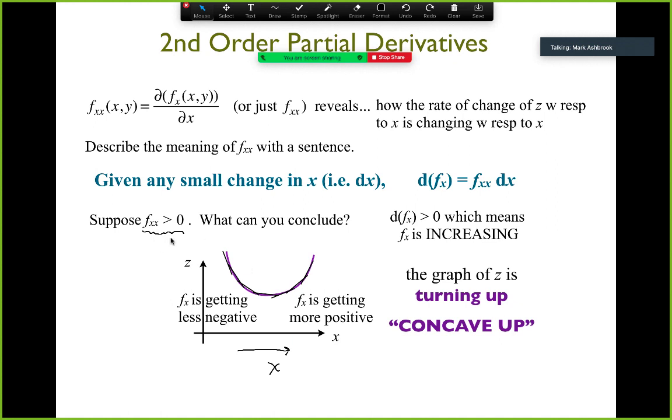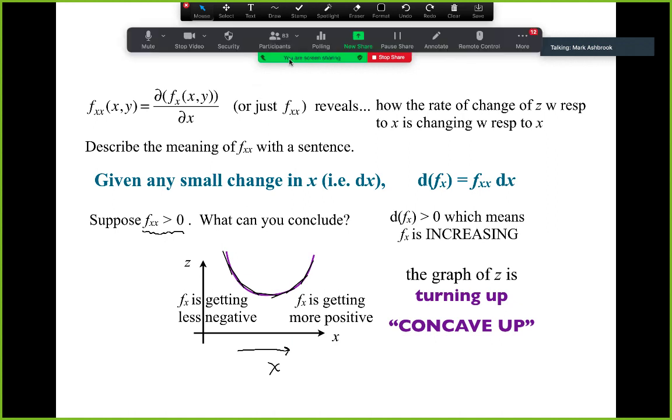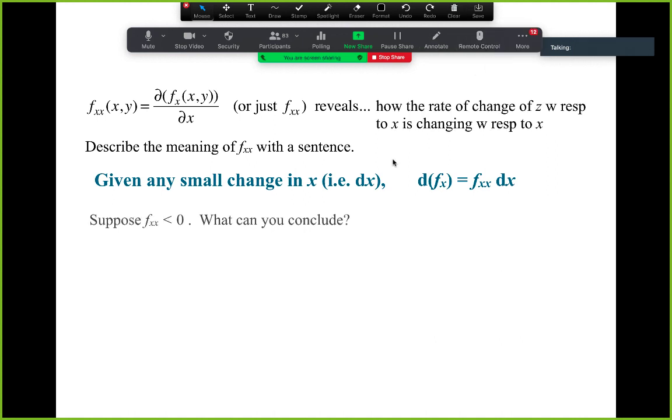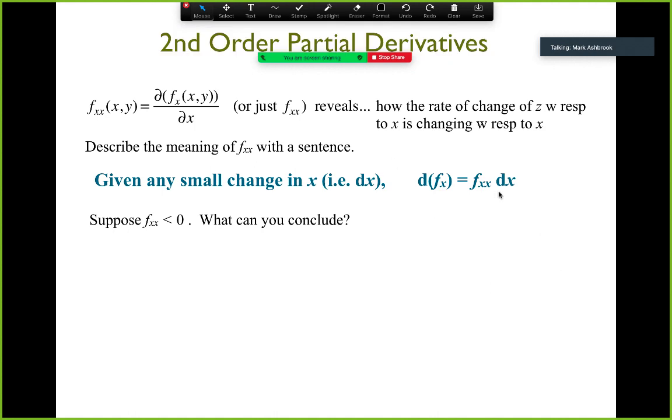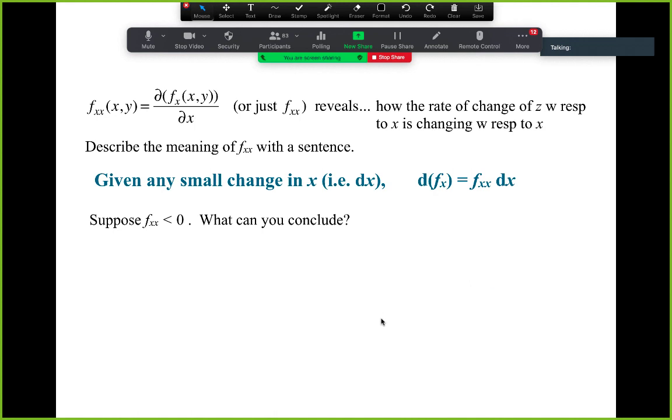So this is in the x direction. And then let's talk about when the second derivative is less than 0. What can you conclude for an increase in x? If the second derivative is less than 0, your change in your first derivative will be negative, which means what about the first derivative?